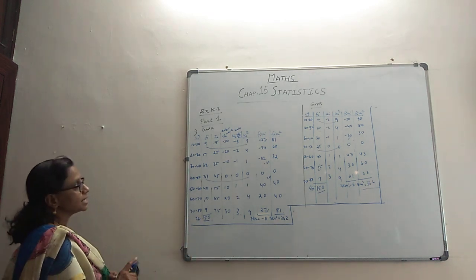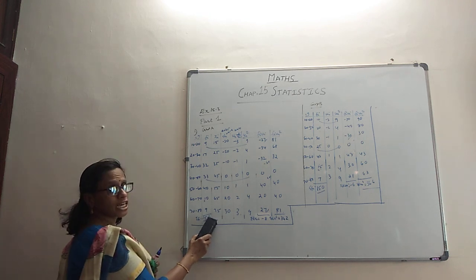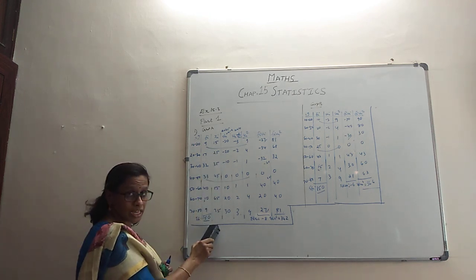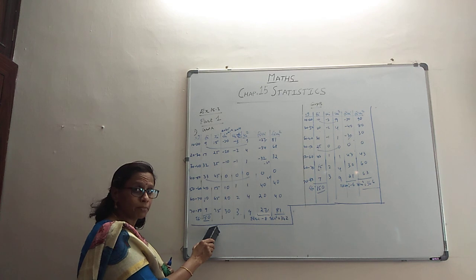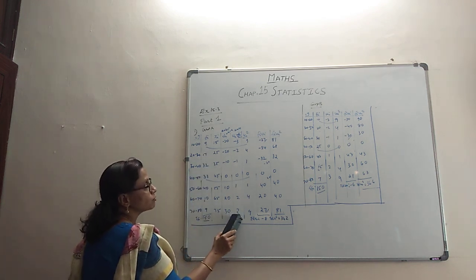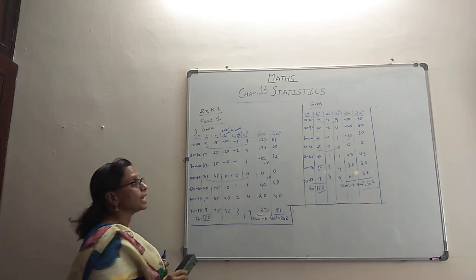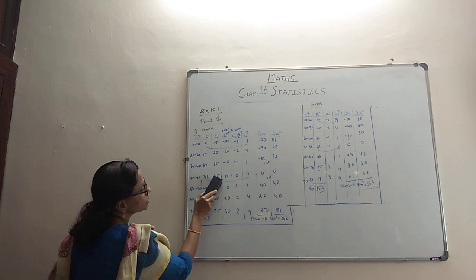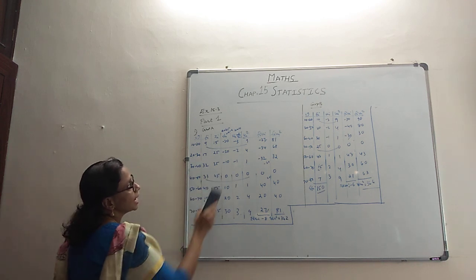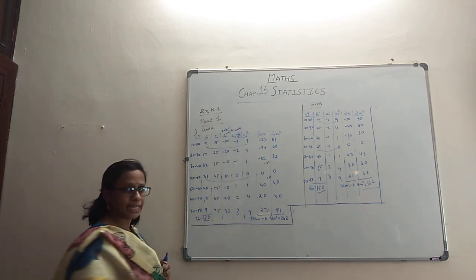As usual, we have our class interval, we have our fi, then we have found out the xi, which is the class mark, and class mark we know is upper limit plus lower limit by 2. We have got the di, we have got the ui. For di we have taken the a value as 45, and for ui, because there was a common factor of 10, h became 10.